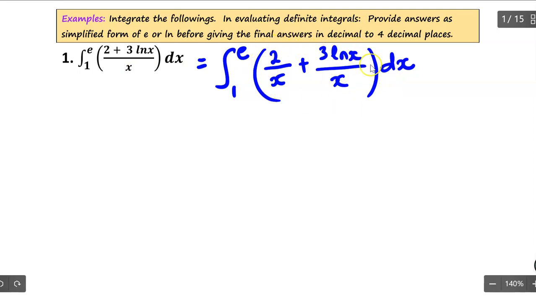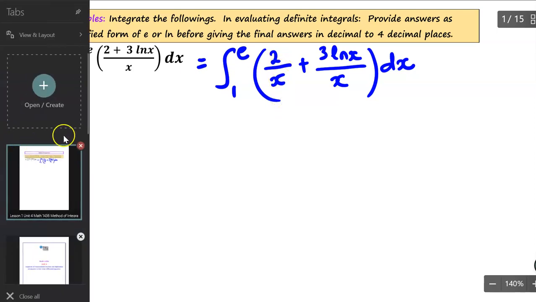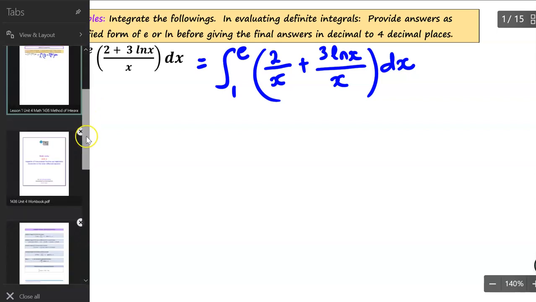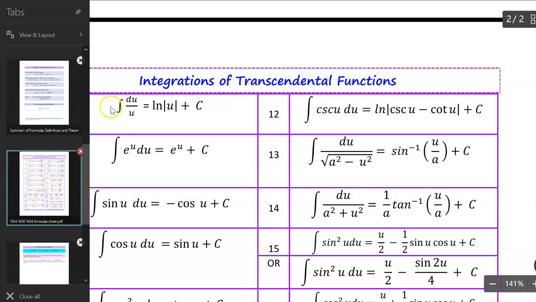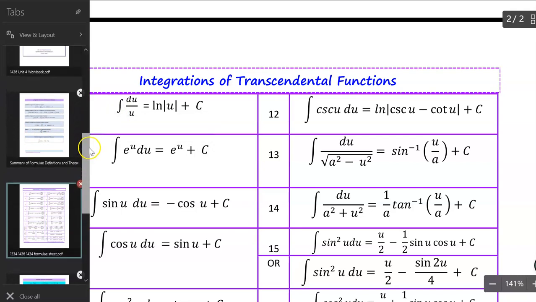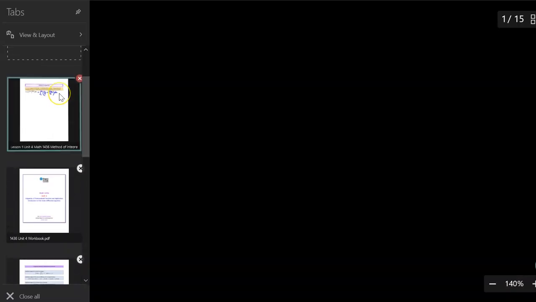The reason we did this is that I can break this into two integrals, and I can apply the formulas for this one. Because I have x raised to the exponent of -1, this one will become ln of x. So I can apply the formulas that I showed you earlier. This formula is right here. Okay, let's go back and see what we have next.